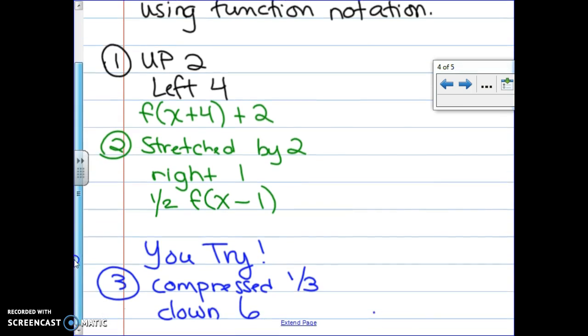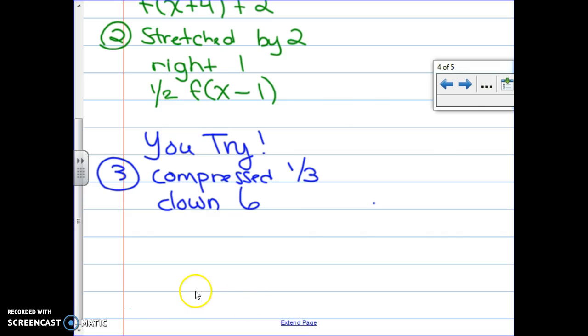All right, next there is a U-try. Compressed by 1/3 and down 6. So pause the video so you can try yourself. To compress a graph by 1/3, I first have to take the reciprocal of 1/3, which is 3. Okay, I put that in the front because that's going to be my a value.